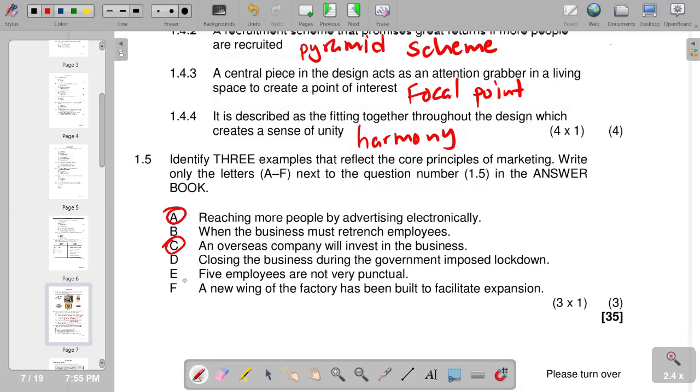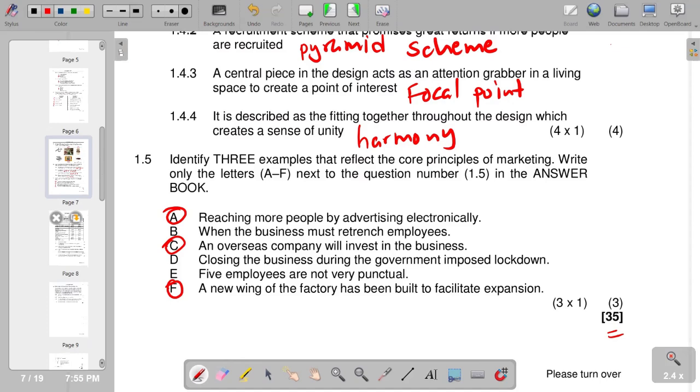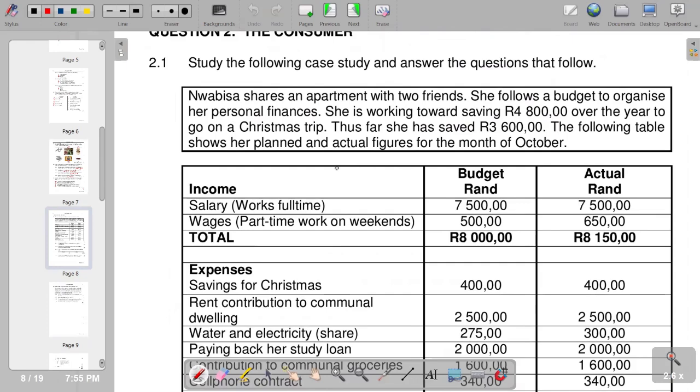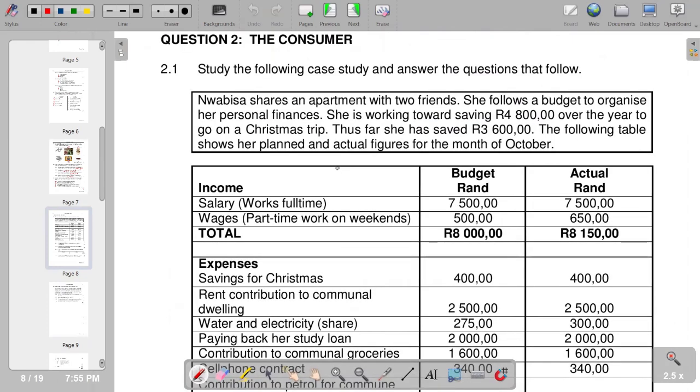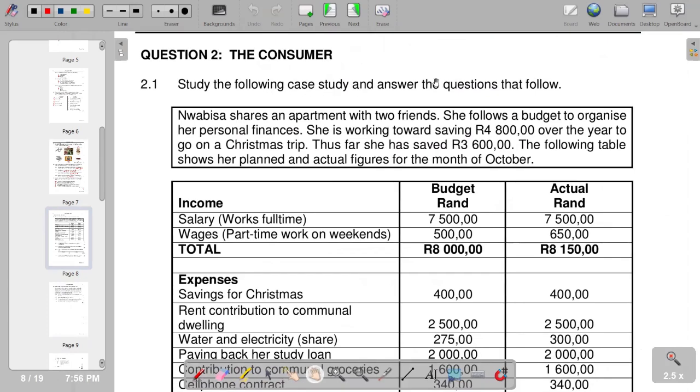So we have F. So this is what we have on the first part with 35 marks. So we go to the short questions section. Then we go to the next question, which is question 2. So this is the first part that we have in terms of question 2, which is on the consumer. It will start the following case study and other questions that follow.